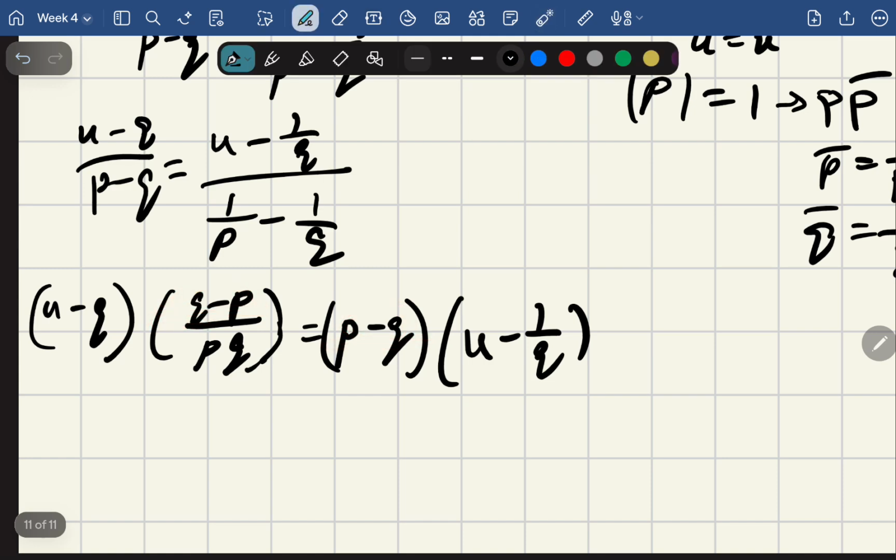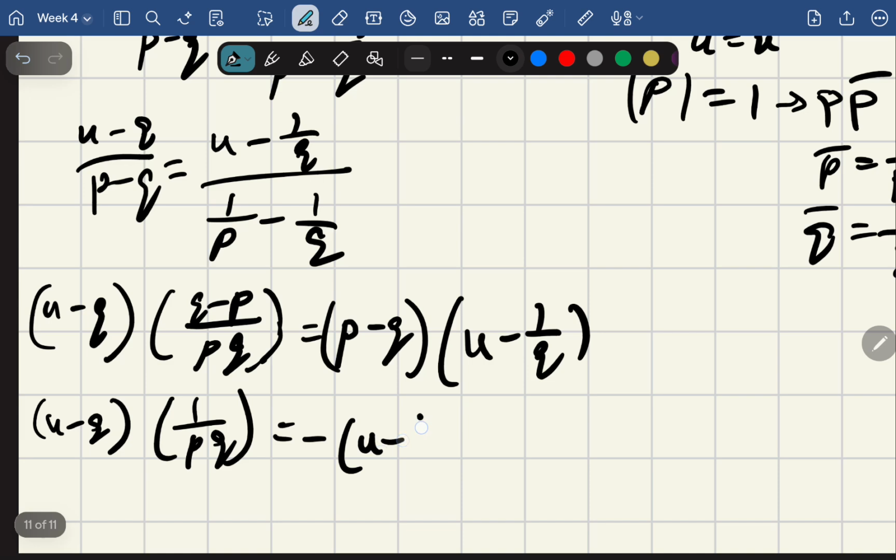So if we divide both sides by Q minus P, you get 1 over PQ, and then this becomes negative U minus 1 over Q, which is 1 over Q minus U.